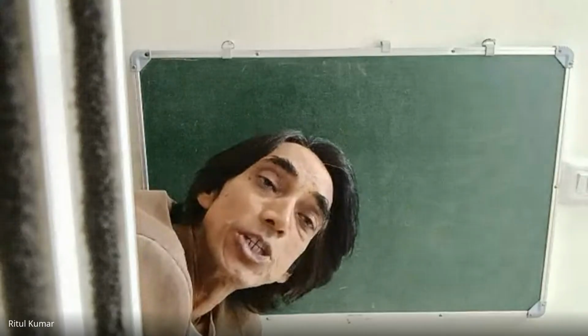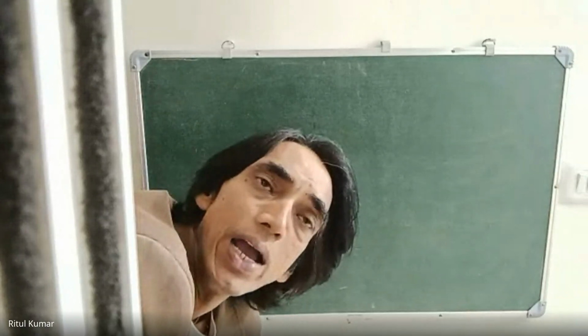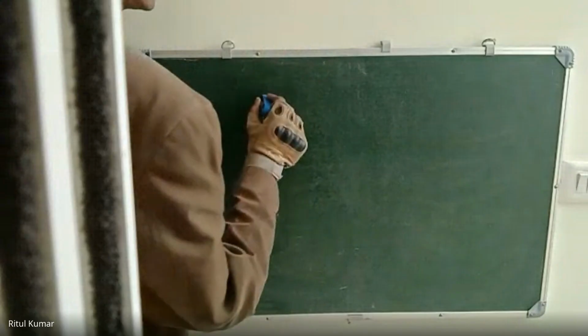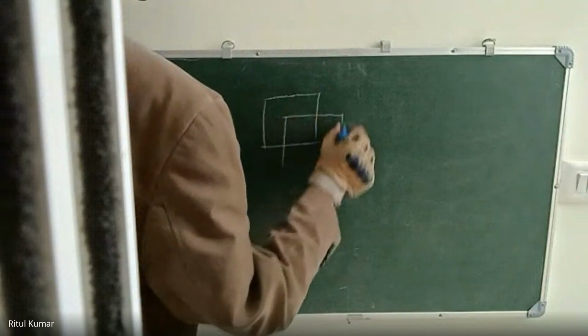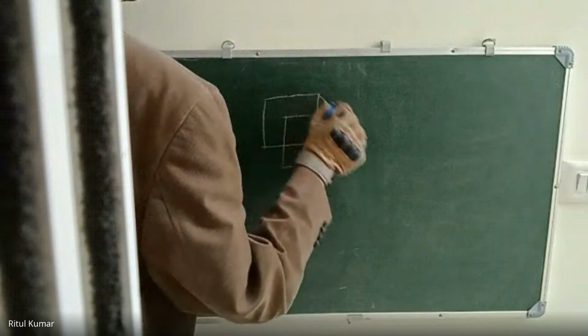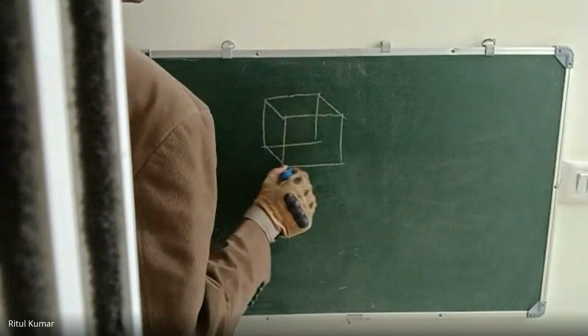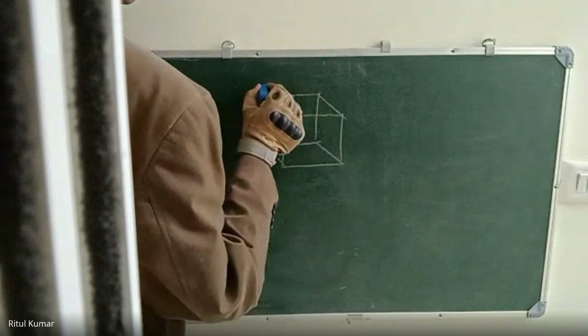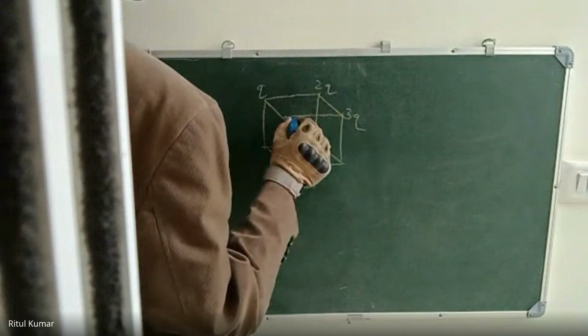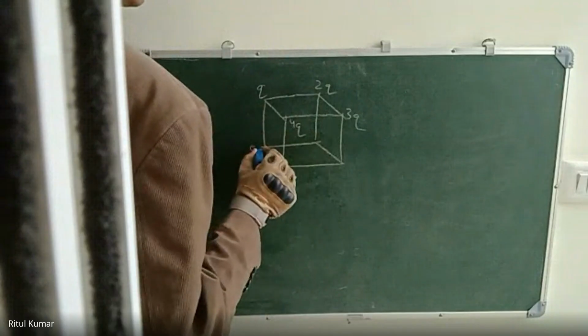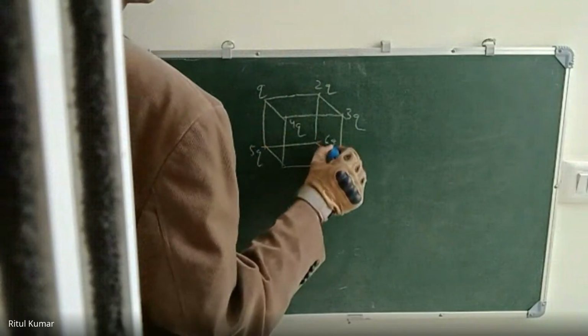Indeed. Okay, so let me ask you a question. In the room you are seated in, assuming it to be a cube just for simplicity, I'll come to the organic shape later, an arrangement is given to you: Q, 2Q, 3Q, 4Q, 5Q, 6Q, 7Q.